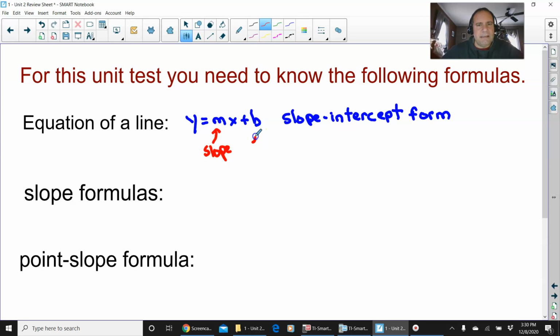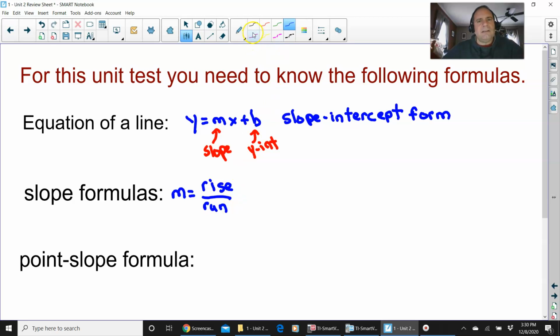And the b is that y-intercept. The slope formulas, when I say formulas, you need to know two of them, rise over run. And this is used when you have a graphed line. Best if used for a graphed line.